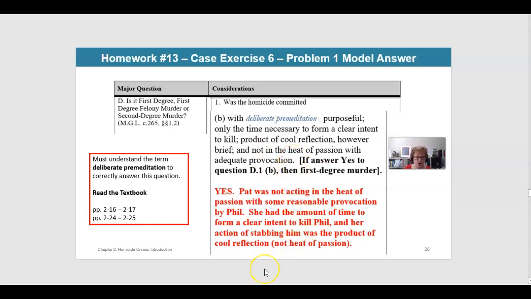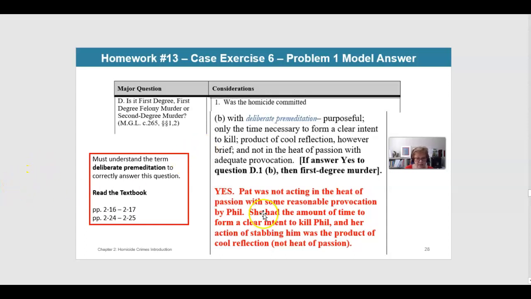However, Pat was not acting in the heat of passion. There was no reasonable provocation. She had the requisite amount of time, it's momentary, to form a clear intent, and her action of stabbing him was the product of cool reflection, however momentary, not a decision that was made in the heat of passion with some provocation.